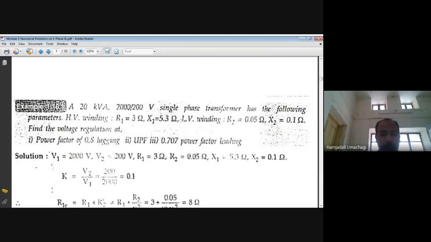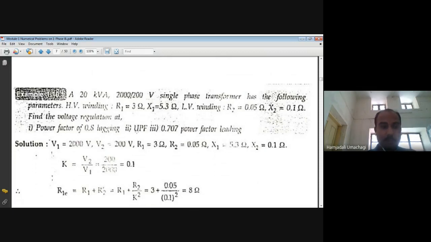Now let us find out the regulation. Let us find out the regulation using the next type of problem. A 20 kVA 2000/200 volt single phase transformer has the following parameters. HV winding R1 is equal to 3 ohms, X1 is equal to 5.3 ohms.